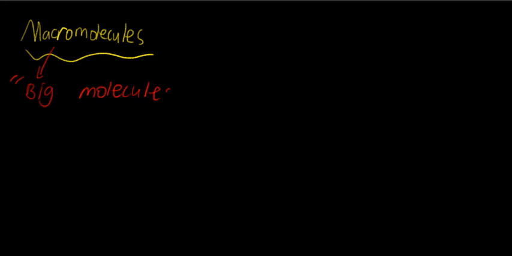And macromolecules are really the building blocks of cells. Almost everything inside of a cell is made up of some sort of macromolecule. There are 4 classes of macromolecules. The first one is a carbohydrate. The second one is a lipid.